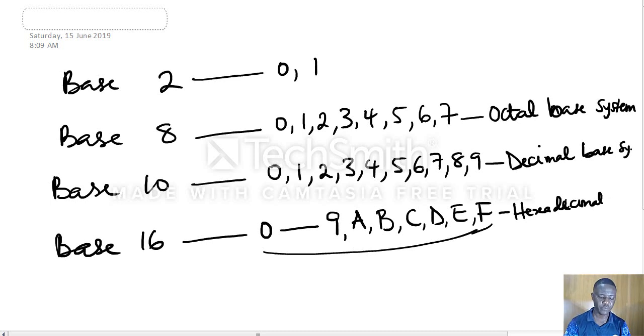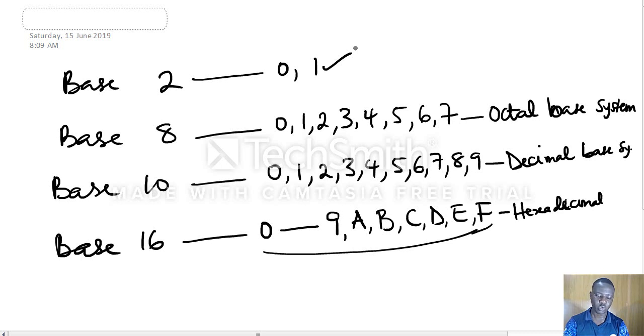Having known the different kinds of number base systems that we have, it is also good that we know how each of these operates. Like the base 2 system is mostly used by our computer devices, because most of the circuits in our systems have just 2 operations, which is the on and the off.